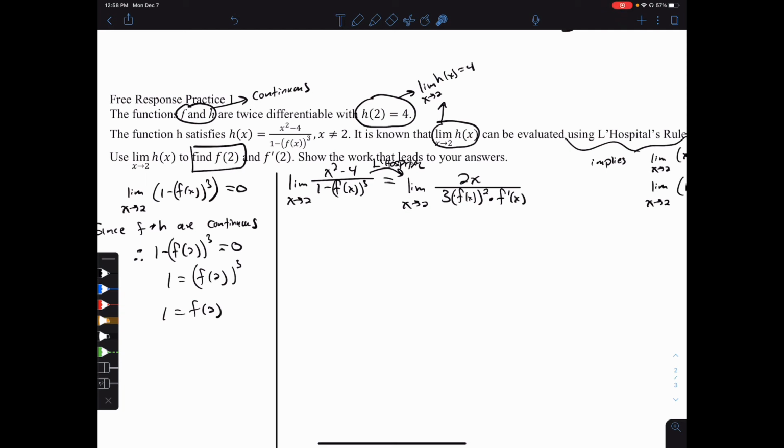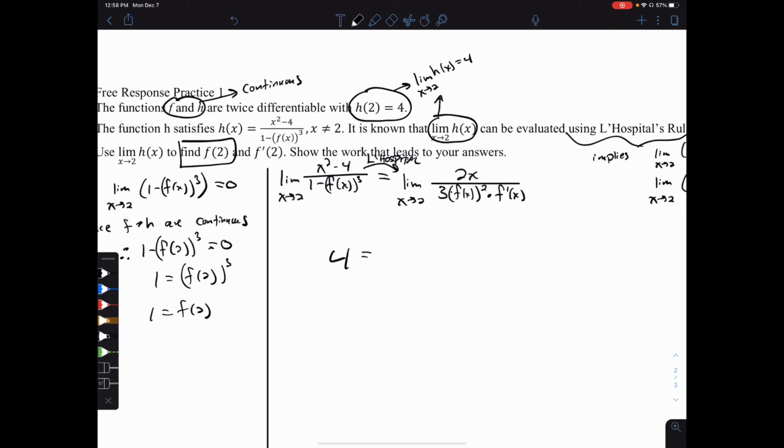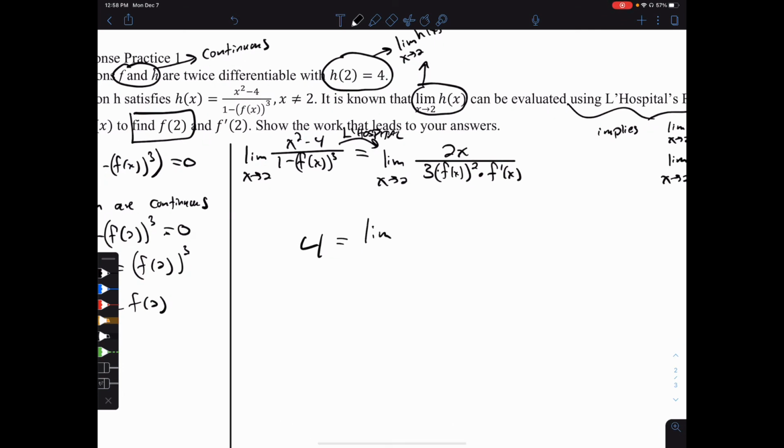We're told up here that h of 2 was equal to 4, and I told you that that's implying that the limit of h of x as x approaches 2 is 4. Well, this is h of x. So this limit here should be equal to 4, which means the right side of this problem should be equal to 4.